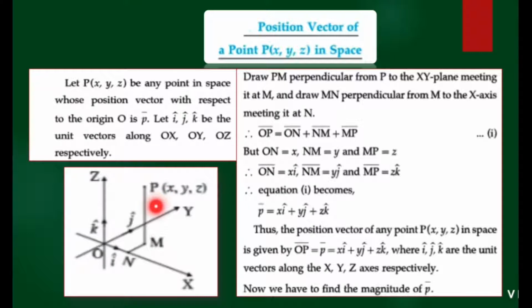This point P has coordinates x, y, z in space. We consider the unit vector along the x-axis as i cap, along the y-axis as j cap, and along the z-axis as k cap. So this OP bar we consider as P bar.